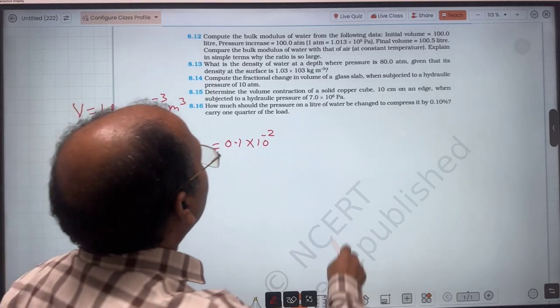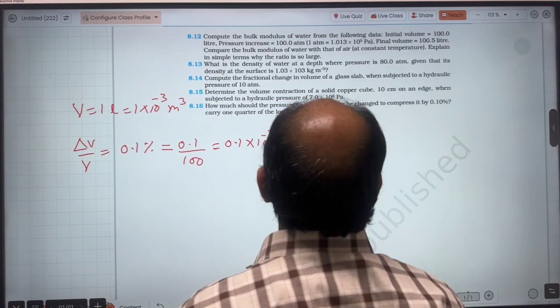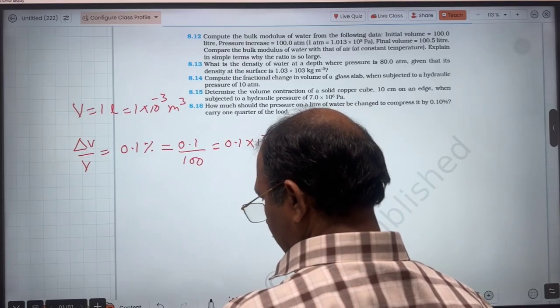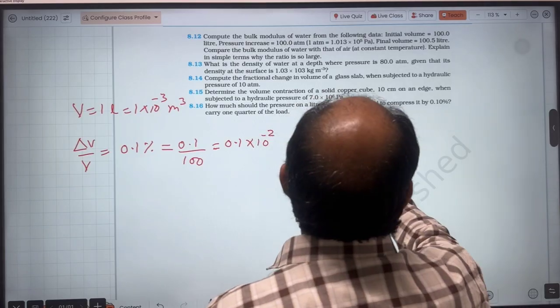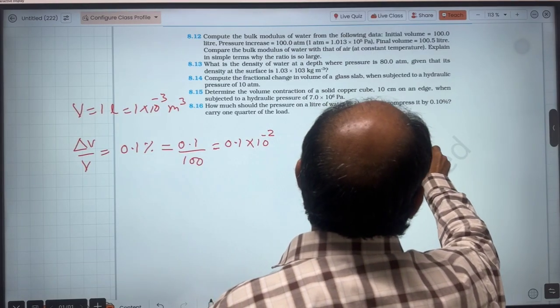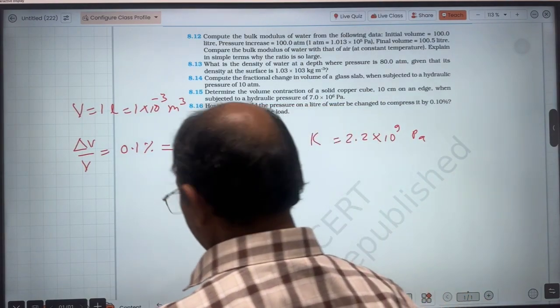And one more information is that bulk modulus of water is not given, so we can take the help of table. So it is 2.2 into 10 to the power 9 Pascal.